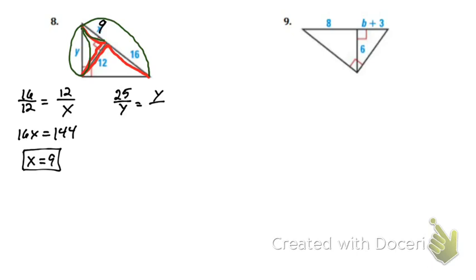So it's y over 9. Then we have y squared equals 25 times 9, which is 225, and you come up with y equals 15.